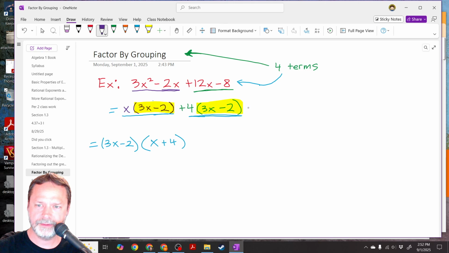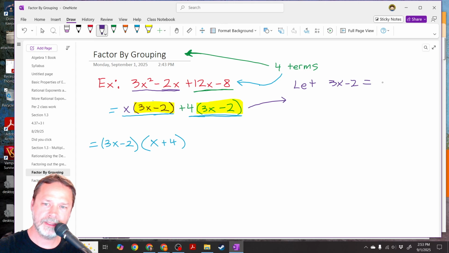All right, now just in case you had trouble with that, I want you to pretend I'm going to say, hey, let 3x minus 2 equal u. If I did that, I would have x times u plus 4 times u, if I rewrote what I had right here.